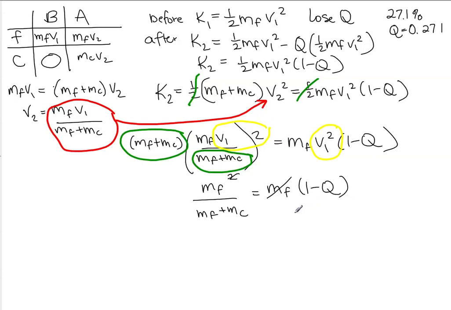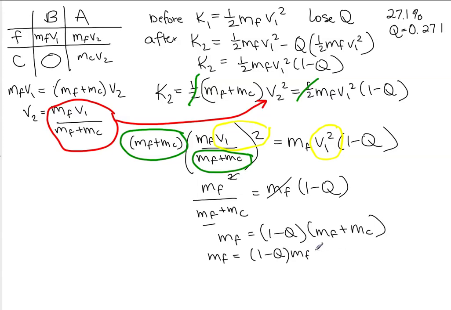But I'm going to rearrange a little bit because I like algebra. So I'm going to multiply both sides by this denominator here, giving me mf equals 1 minus q times (mf plus mc). So that's, if I distribute carefully, we have 1 minus q times mf plus 1 minus q times mc.